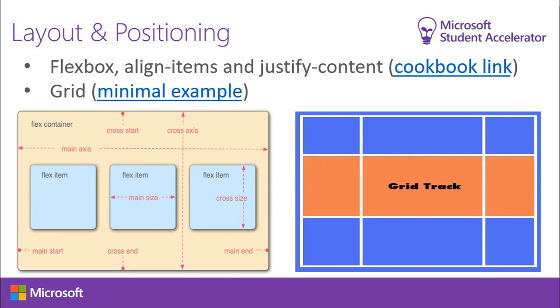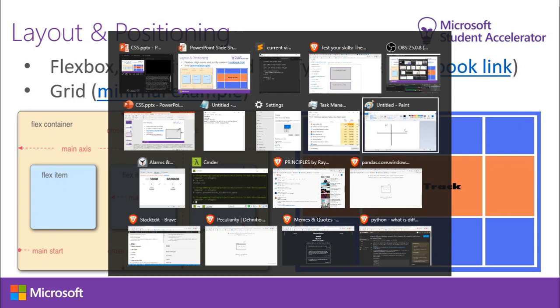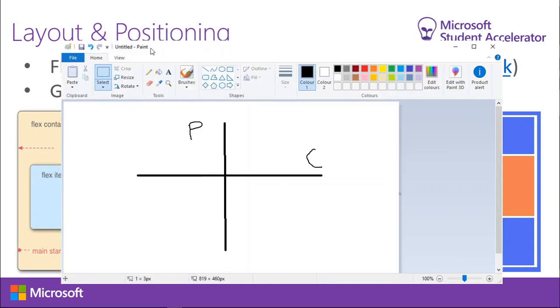Let me give you an example on Paint. So here our primary axis, as you can see, is on the vertical axis, and our cross axis is perpendicular to our primary axis.